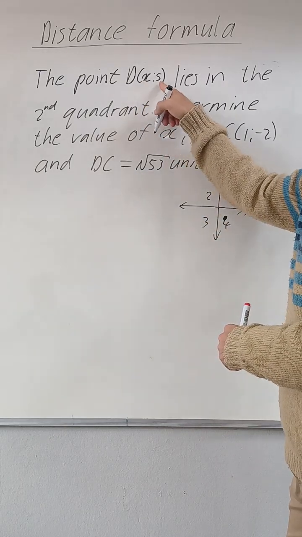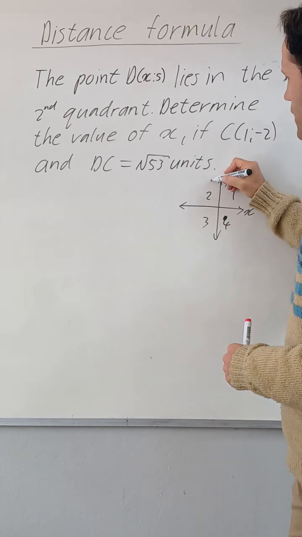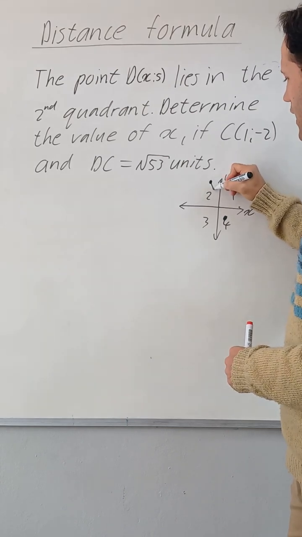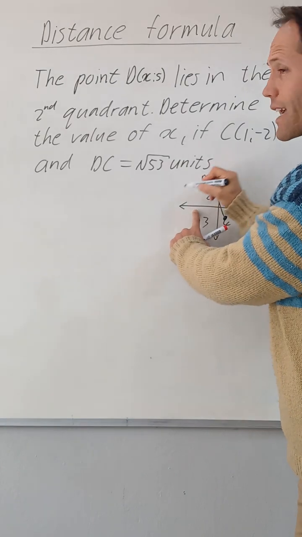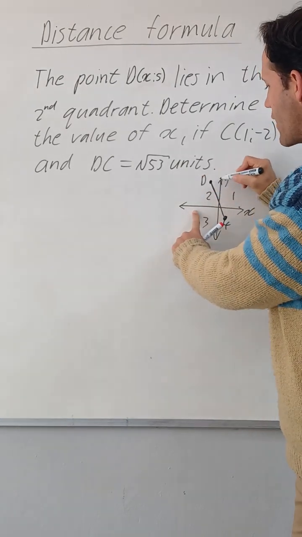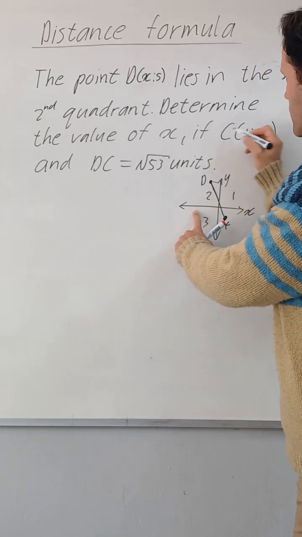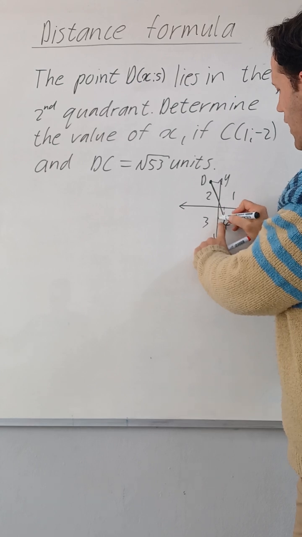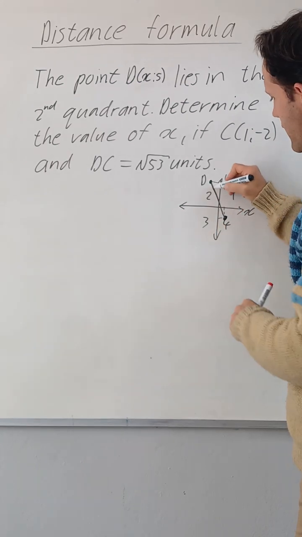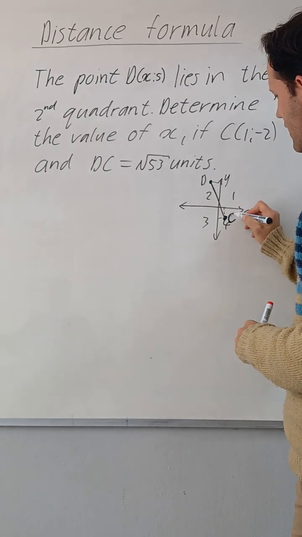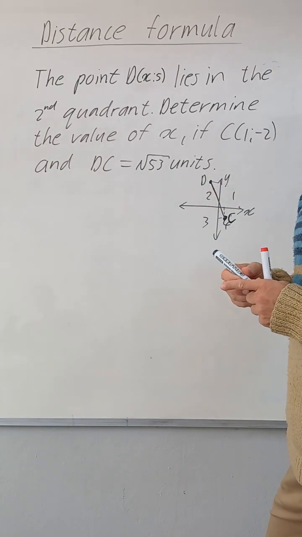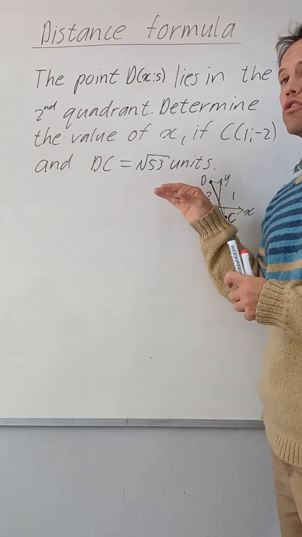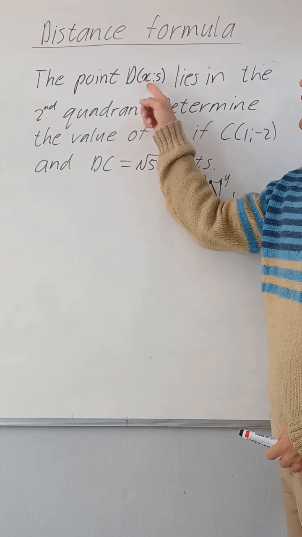And D has a y value of 5, so it's way up here. So let's say D is somewhere around there, and then we need to find this length. D is somewhere in the second quadrant, with a y value of 5. C has an x value of 1 and a y value of negative 2. And they told you that DC, from D to C, is the square root of 53. Now you need to use this information to find out what the value of x is.